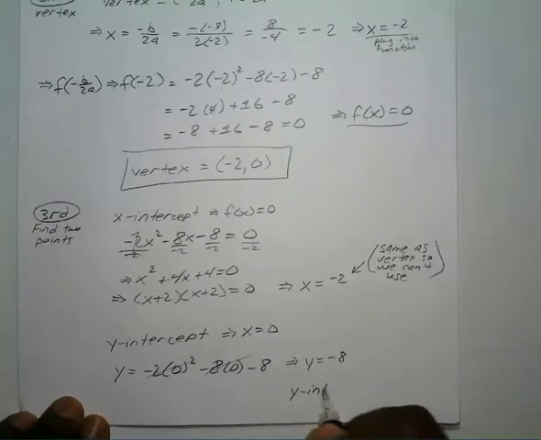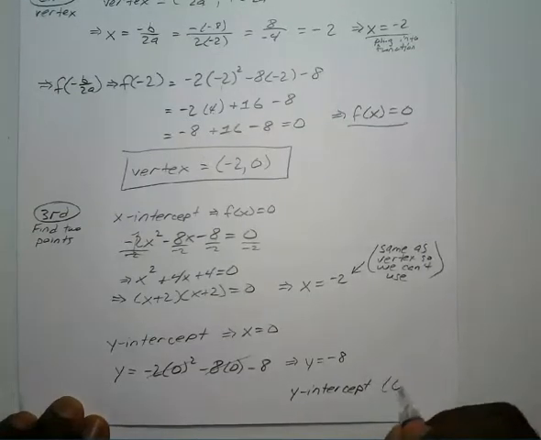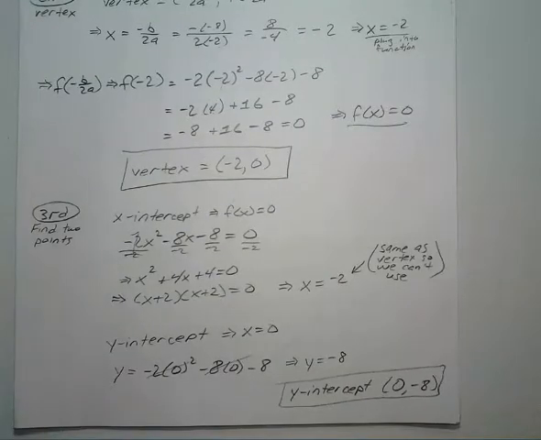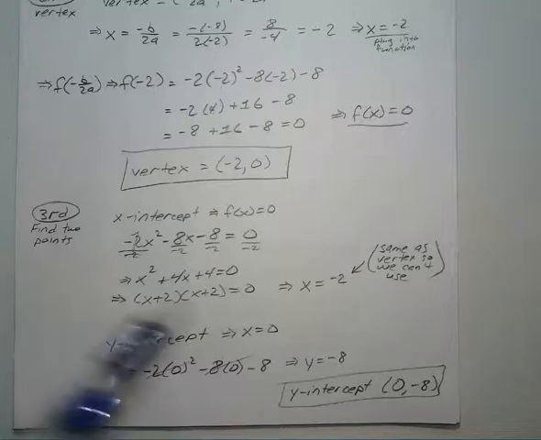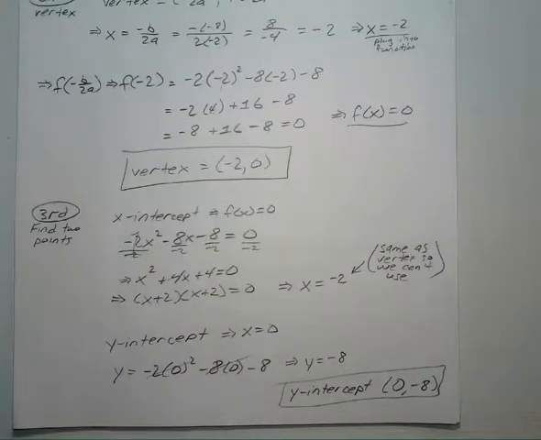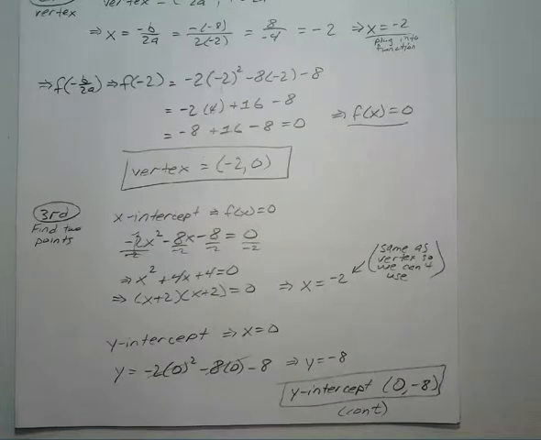So your y-intercept is when x equals 0, y equals negative 8. So we have one of our points. We would have had two if this would have been a different x value and it didn't match that one. So we have our y-intercept, we have one of our points, so now we just go ahead and find a different point, and we'll continue that on the next page.